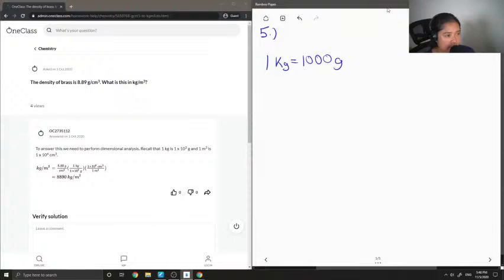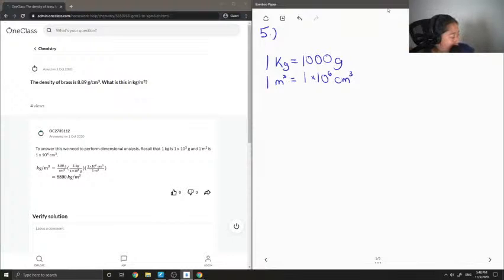And similarly, 1 meter cubed is the same thing as 1 times 10 to the 6 centimeters cubed.